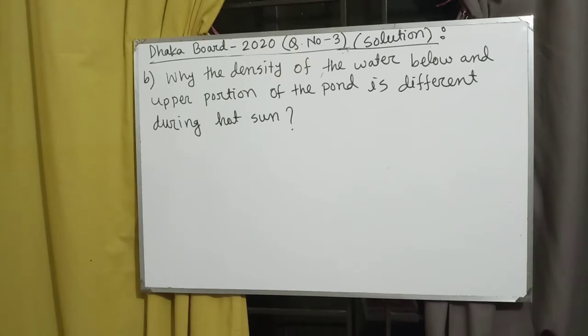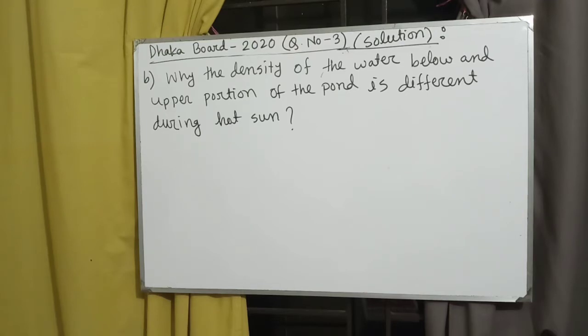Water has its maximum density of 1000 kg per meter cube at a temperature of 4 degrees Celsius. When temperature increases, the density of water gradually decreases.